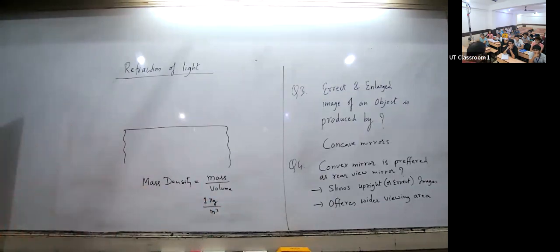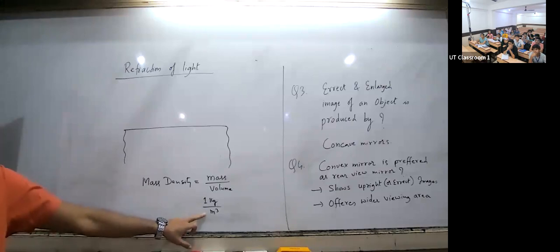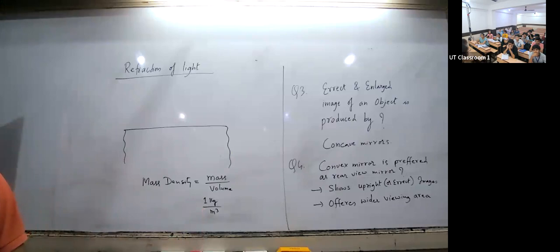Now, if we stuff more and more cotton in the same volume, then that package will be heavier. So it will be denser. That's why a cotton bag of volume 1 meter cube will be much lighter with respect to 1 meter cube of iron. It will run into many tons. It won't be kg then.